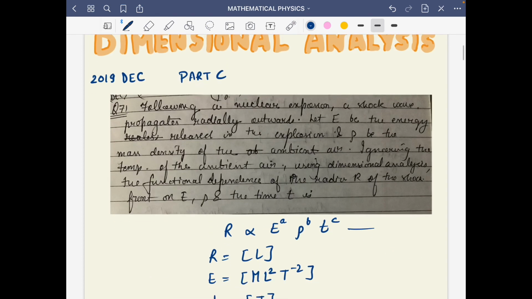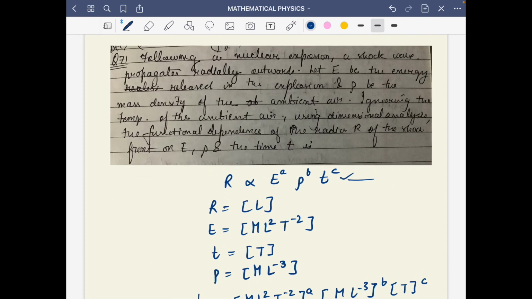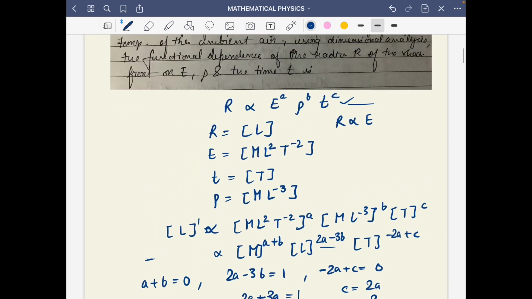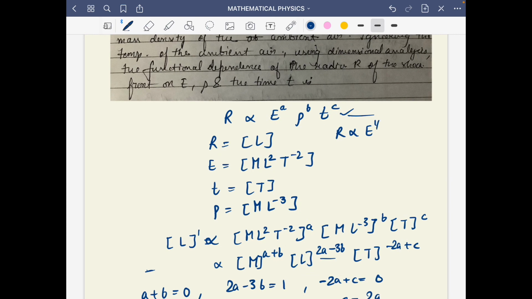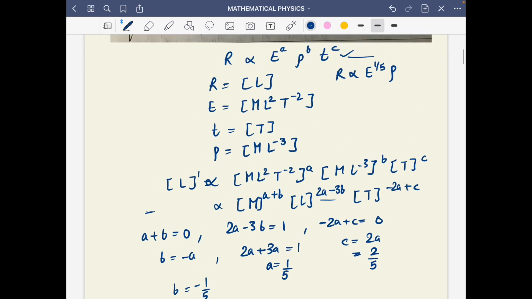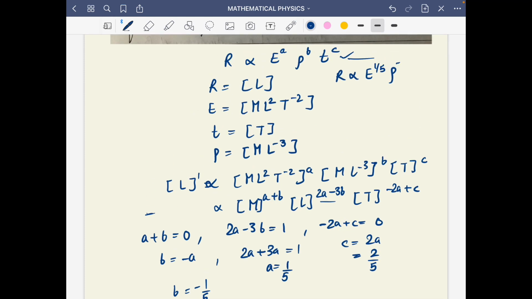Now we will substitute in this one. What we will get is E to the power 1 upon 5, rho to the power minus 1 upon 5, and t to the power 2 by 5. So here is the answer. You can check the option in whichever paper you are referring to.